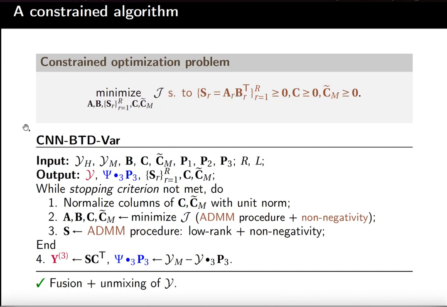And this resulted in a second algorithm called CNN BTD-Var, so constrained non-negative, which is similar to the previous one. And the non-negativity constraints are handled using the alternating direction method of multipliers. Additionally, some low-rank constraints on the abundance maps can be enforced because they're important factors now. And this algorithm is suited for both the fusion and the unmixing parts of the problem.